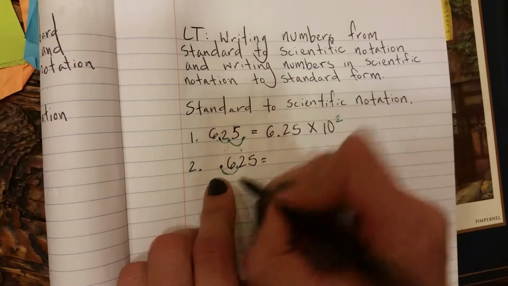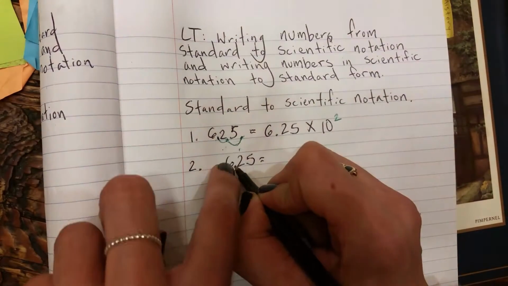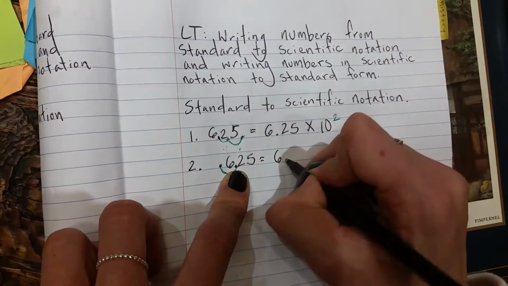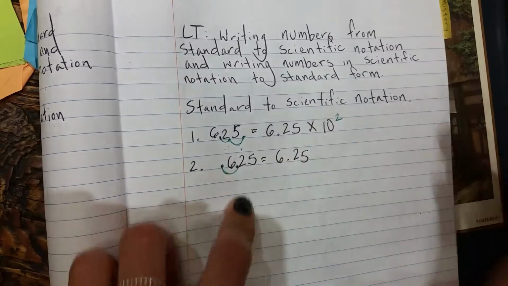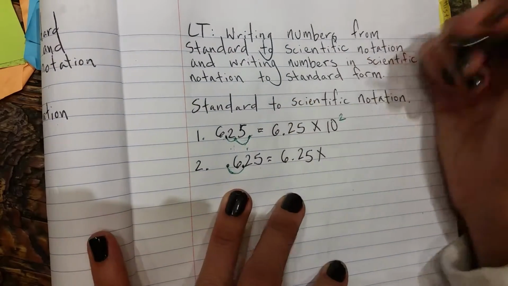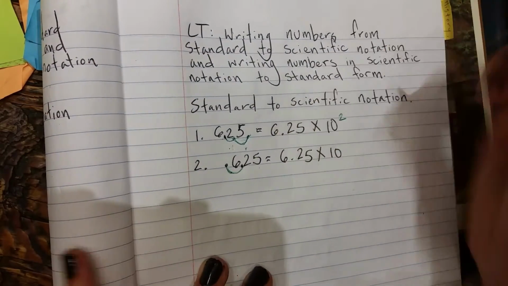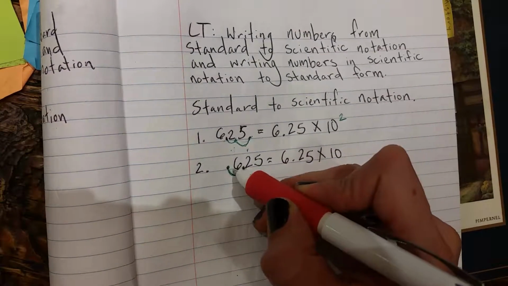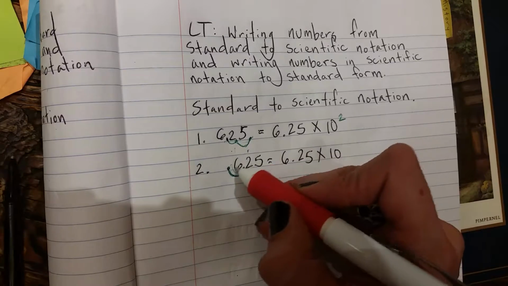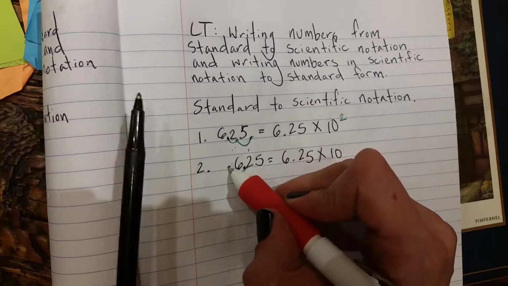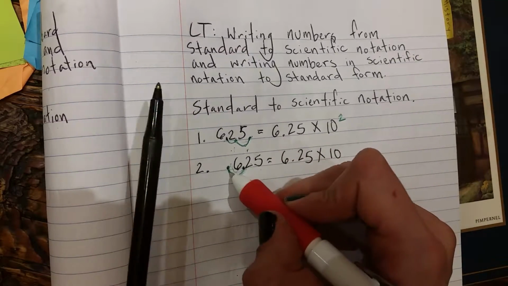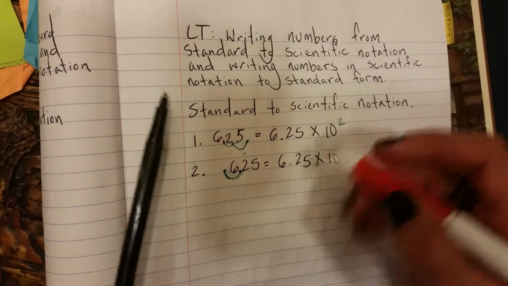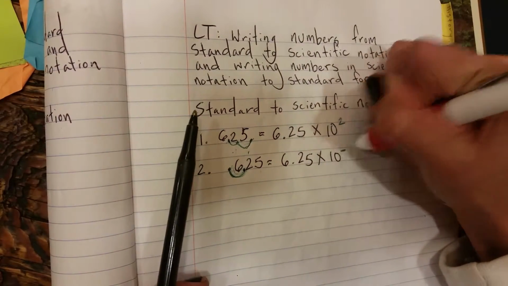Now, since my decimal point is here, I have one leading digit, 6.25 times 10. Okay, since I had to go in a positive direction to get to 6.25, this is going to be -1. I know this seems a little counterintuitive.